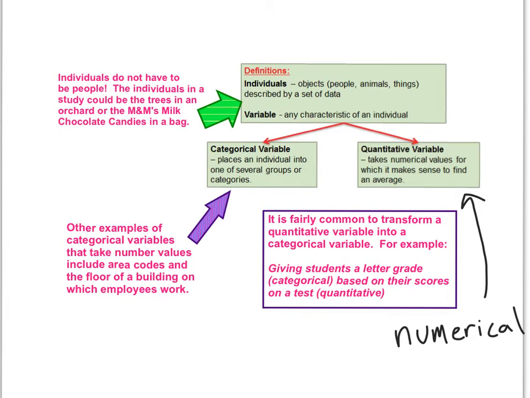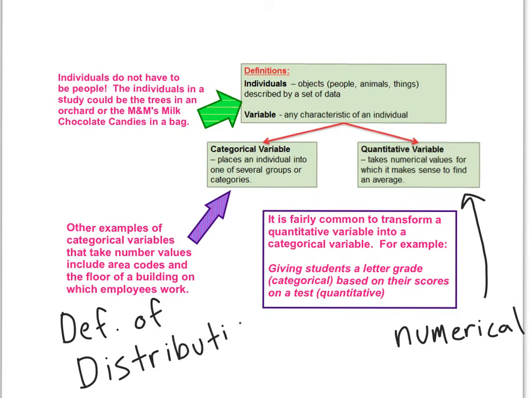Individuals are who is described in the set, and the variable is a characteristic of that individual. Okay. Now, right along this page, I want to say it's on page 6. It's more of a big deal in chapter 2, but I'm going to throw it out there now that you should start to get to know it because it's covered in the introduction.